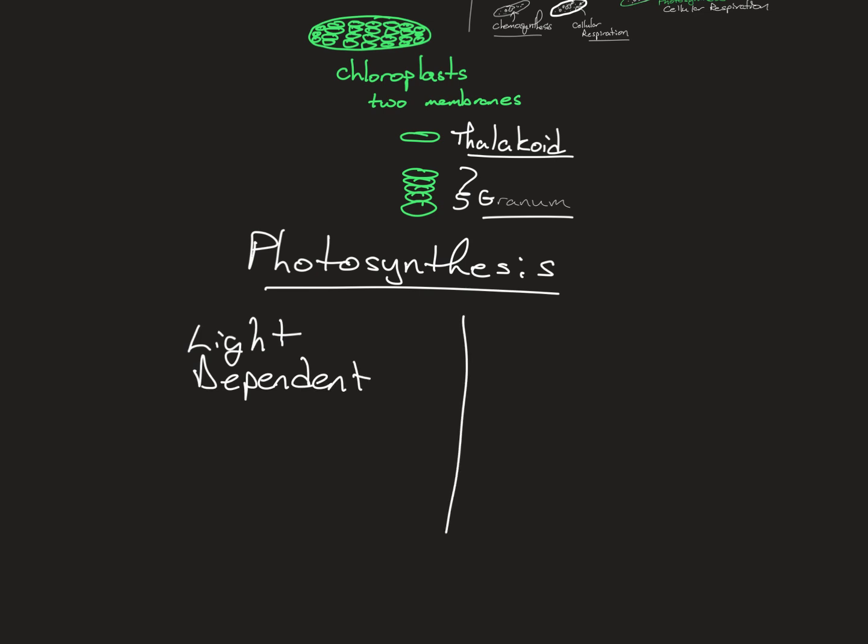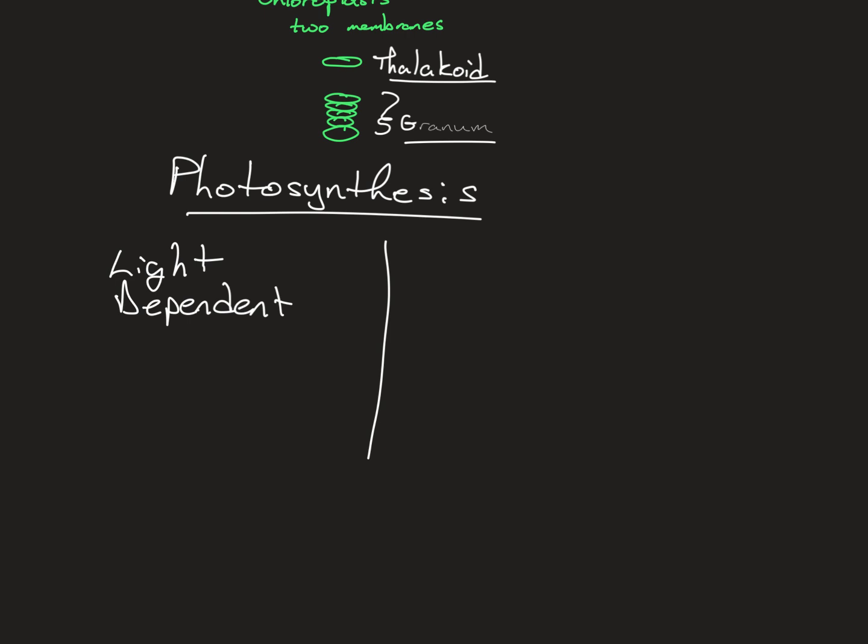And it used to be called the dark reactions, but we no longer call them that because it confused people. Thank God they changed it. They don't happen in the dark. They can happen in the dark, but they don't necessarily have to. They're called the light independent reactions.